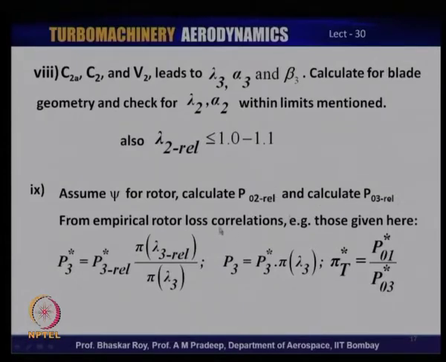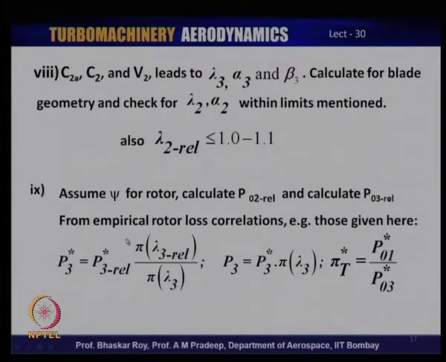So, from the empirical rotor loss correlation, to begin with, you have to use the empirical loss correlations, which are available in some of the old textbooks or NASA handbooks, or if you have access to a data bank of a particular design bureau.